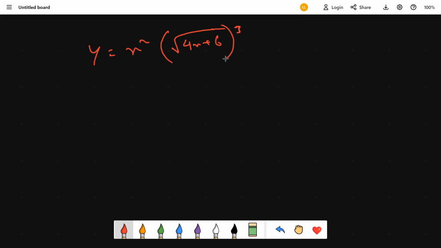In that scenario, how are we supposed to differentiate them? Because here x is in separate parts, and we are supposed to differentiate with respect to x.